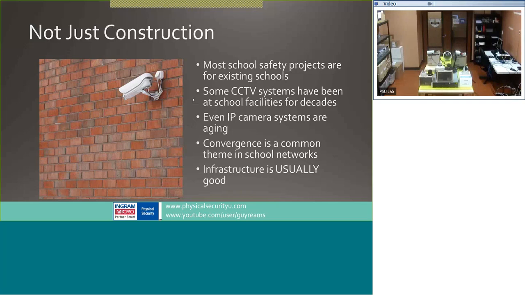Because the infrastructure is already in place, adding an IP camera is not that difficult. In addition, a lot of school facilities have already had money to invest in infrastructure. So a lot of times you're not reinventing the wheel when it comes to network or physical infrastructure. So sometimes a camera installation or maintaining or replacing an existing camera system can be an easy approach for you to get in and start getting some good security deals under your belt.